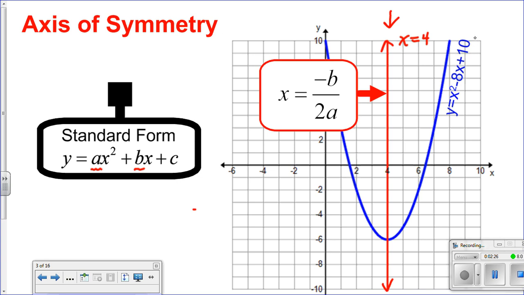So if this is my function right here, 1 would be my a, and negative 8 would be my b value, and I would just plug this in. So x is equal to negative 8 all over 2 times 1. So that would be x equals 8 over 2, which means x is equal to 4. And you can see that this line is x equals 4.